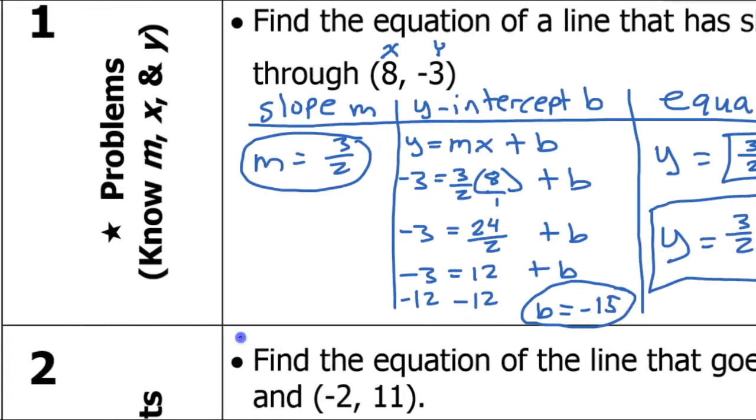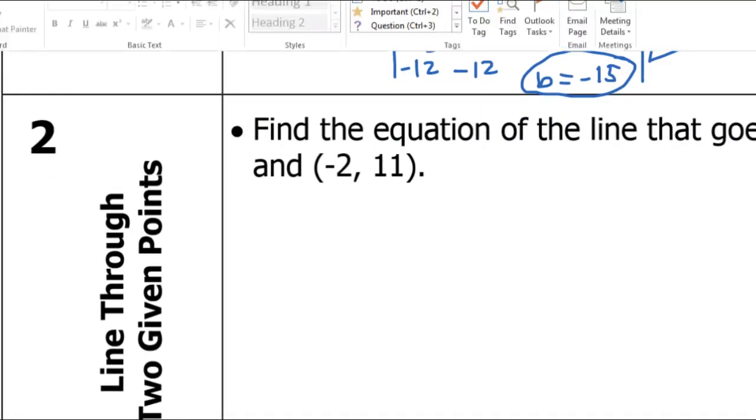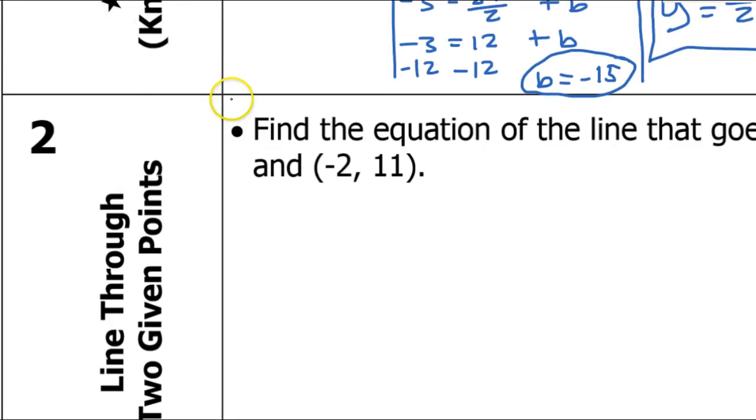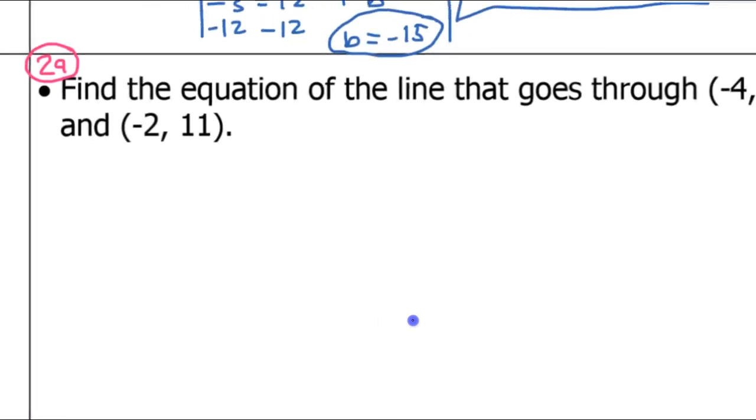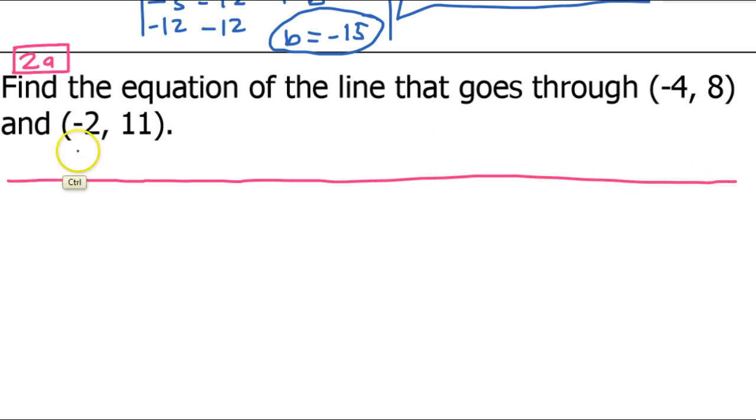Now let's do problem number 2. Let me change colors. Maybe I'll put a little 2A right here. This is going to be slightly different. But I'm still finding the equation of a line, so I'm still going to use my main strategy, which is to create this chart.